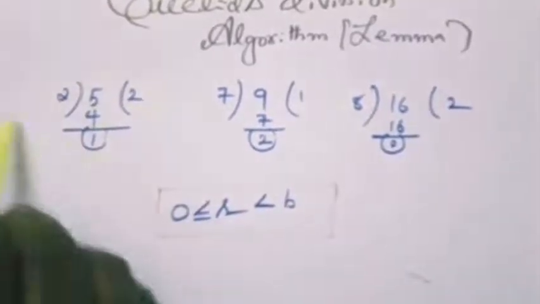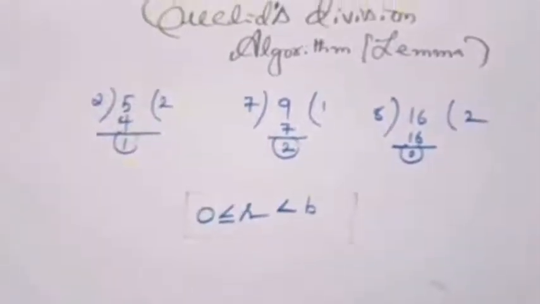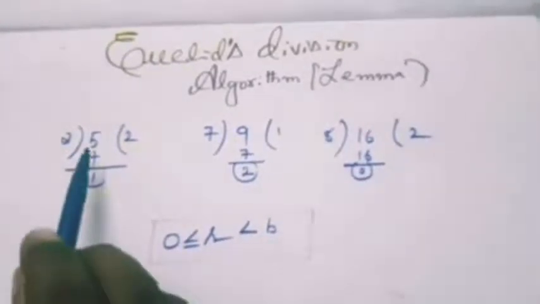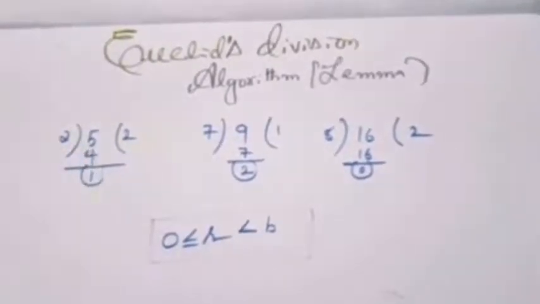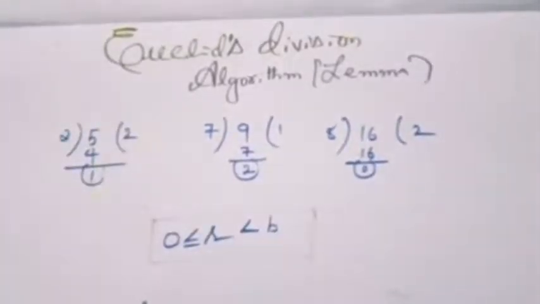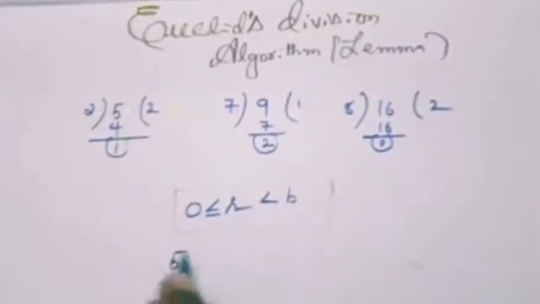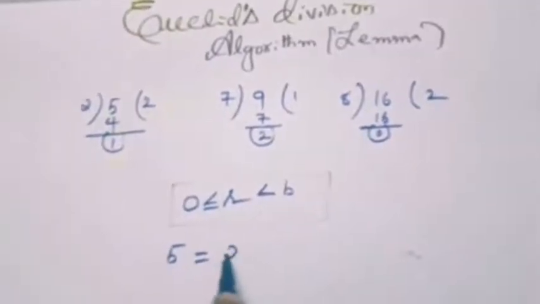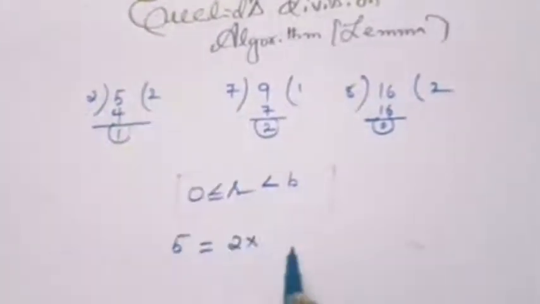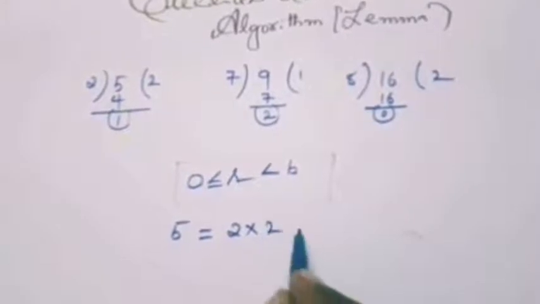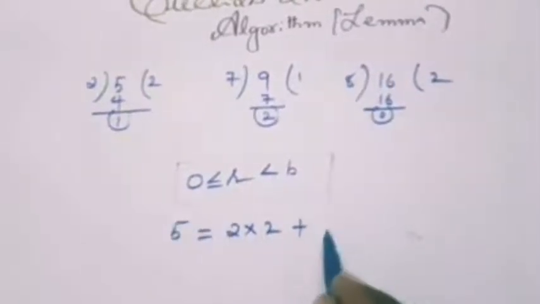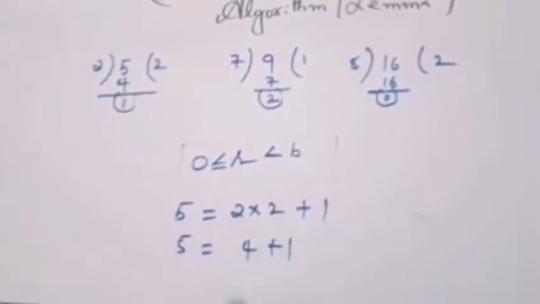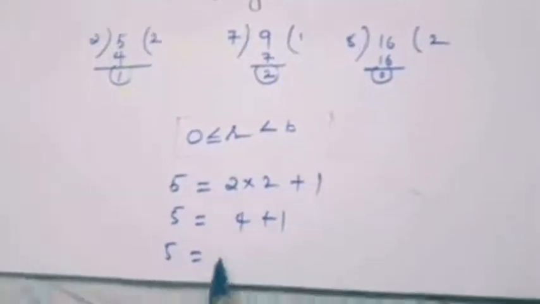The relation among these is, as you might be told by your teacher, dividend equals divisor into quotient plus remainder. You see, 5 equals 2 twos are 4 plus 1, 5 equals 4 plus 1.